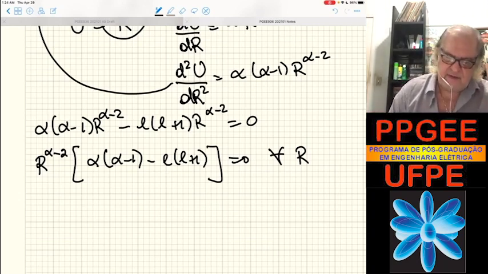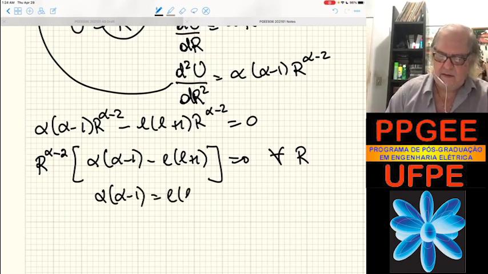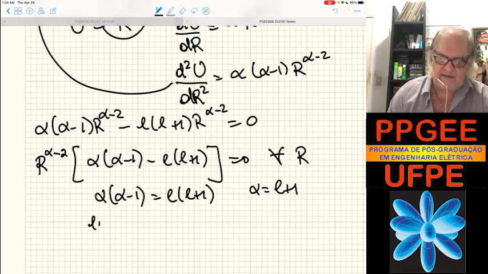So that means that we have alpha. One possibility is to use alpha equals l plus 1. If you plug in alpha equals l plus 1, you have l plus 1 times l.